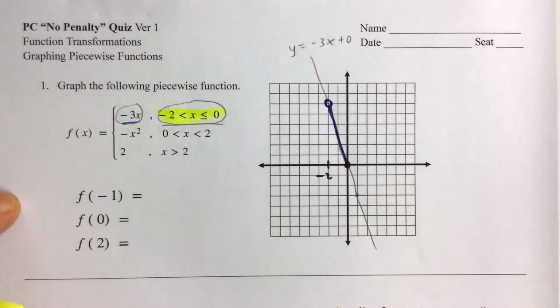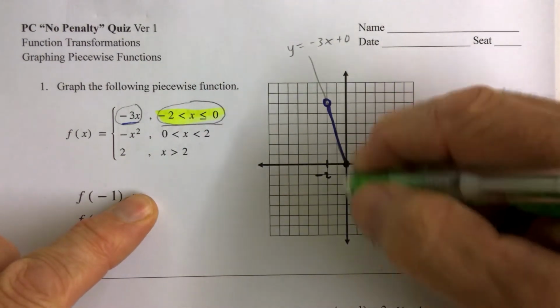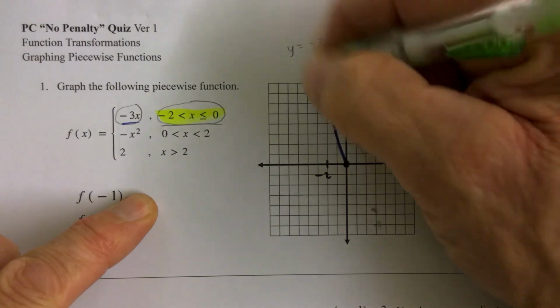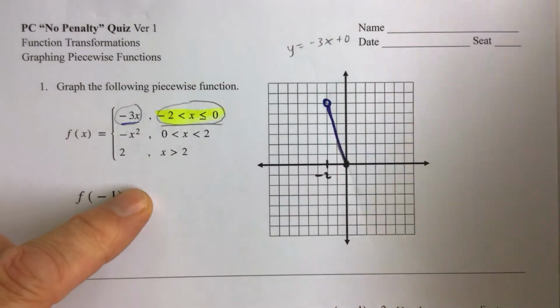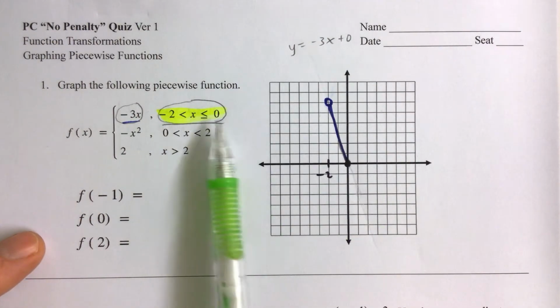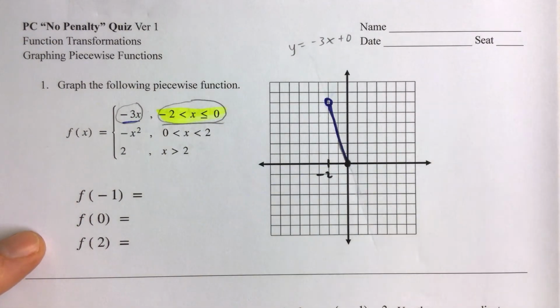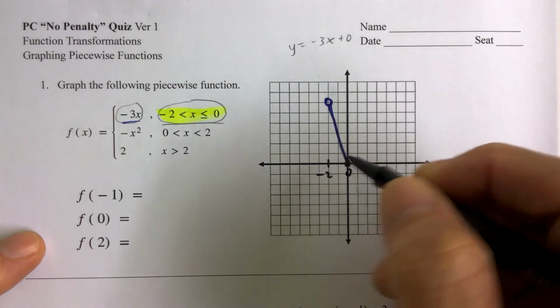So I'm coloring in the piece of y equals negative 3x that is graphed over the domain of negative 2 to 0. Okay, so that's the first piece. Then we look at the second piece.